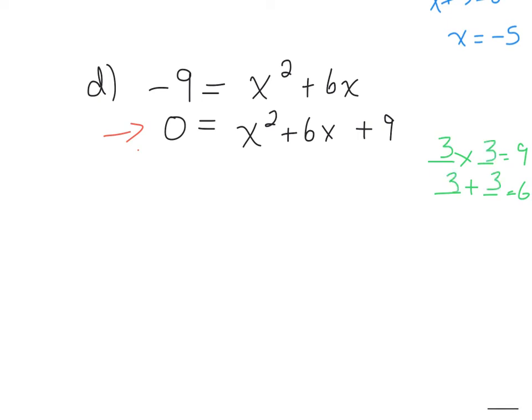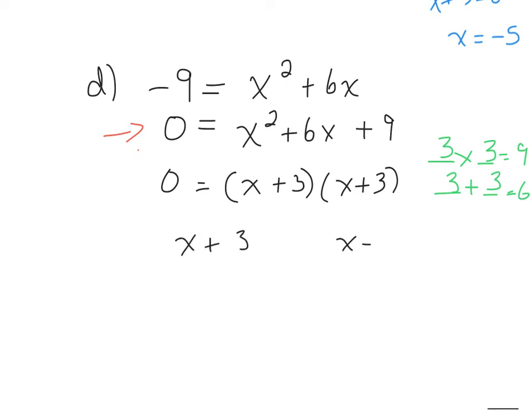And so factoring that, I end up with (x + 3)(x + 3), right? So I can see here that, setting each of these factors to 0, I have both roots at x equals negative 3.